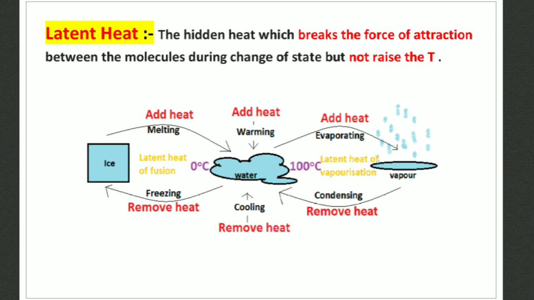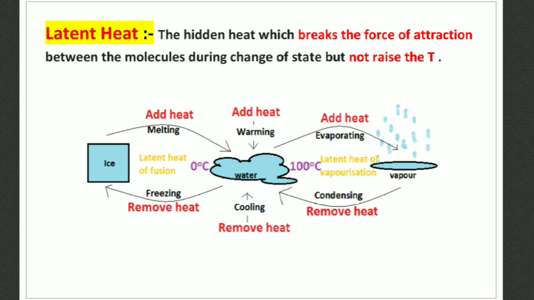Latent heat of fusion is when ice is converted into liquid, at the melting point, before warming it up, so that the temperature of the system will stay the same, and the latent heat is used to break the bonding between the particles.